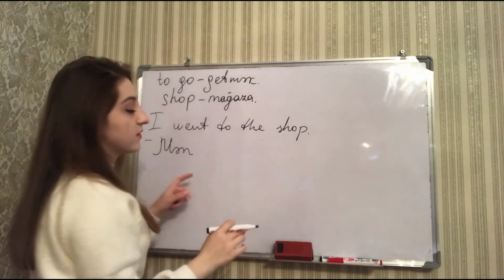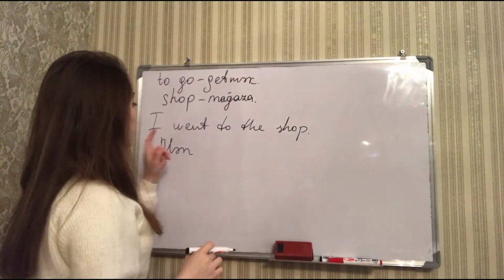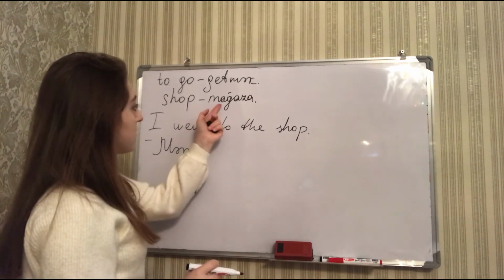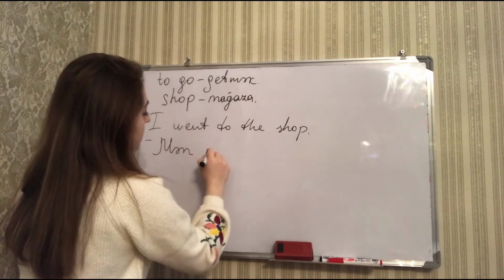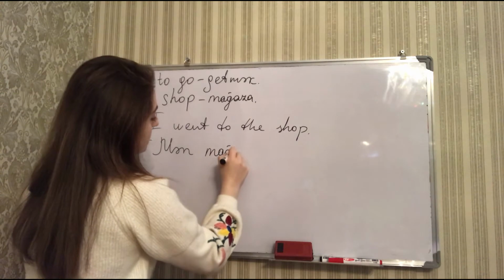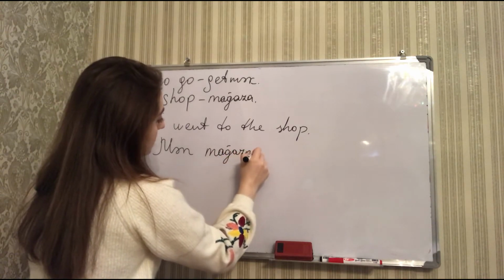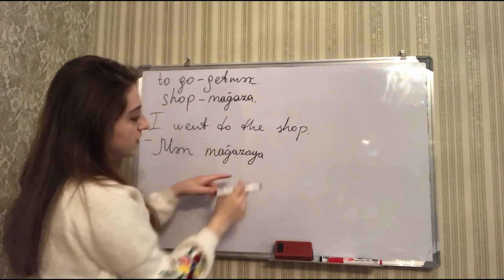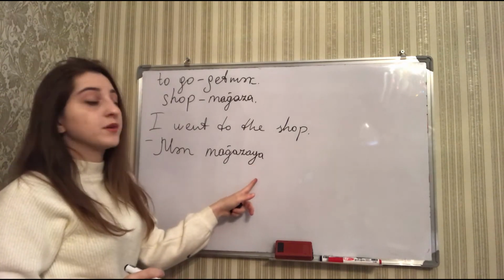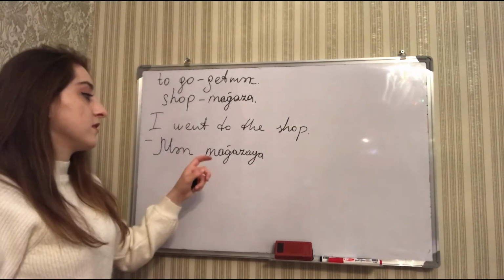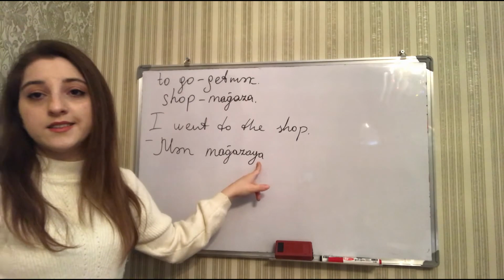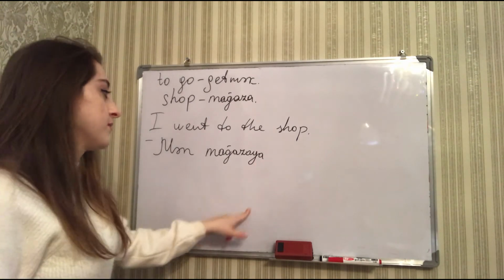Okay, we'll write it at the end of the sentence. So, mən, shop, mağaza, mağazaya. To is ya, ye, a preposition, okay? But in the Azerbaijani language, it is a suffix.